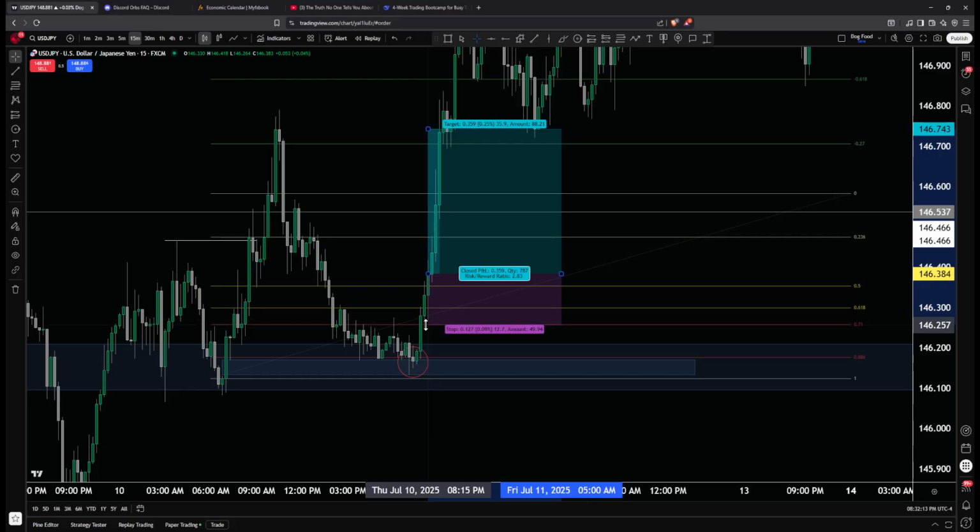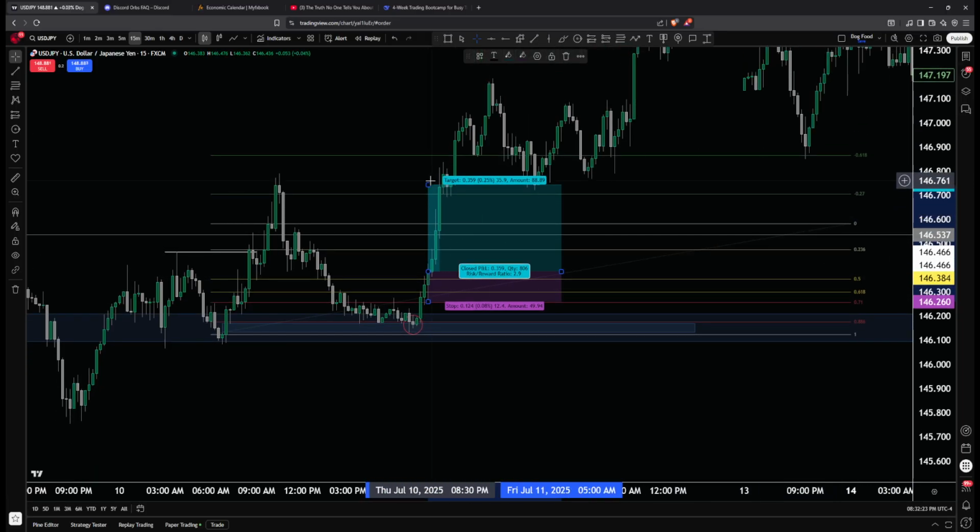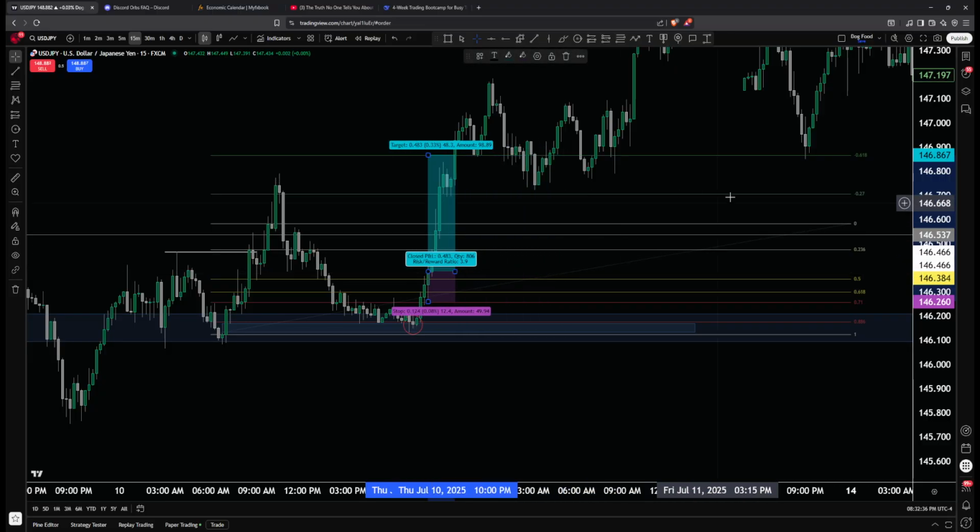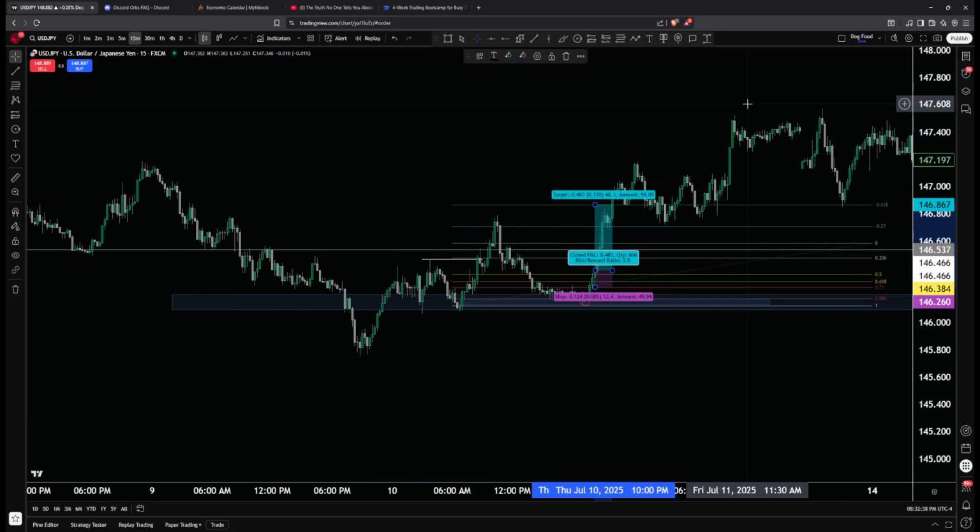Your stop loss would be below that low or below the candle where you just got in at, but give yourself some room, so below the last low. And then take profit 1 would be at the 2.7 or this last high right here. TP2 would be at that 618. So that's how we caught this move.